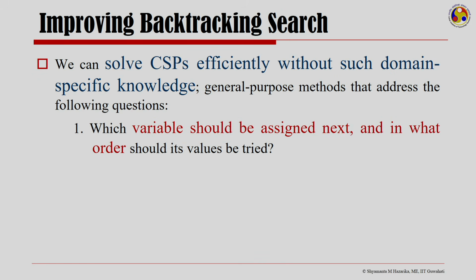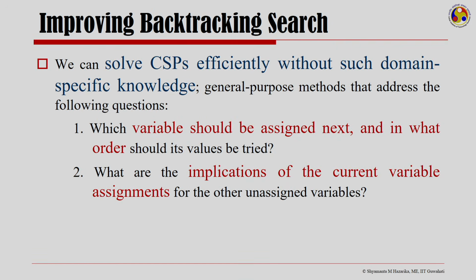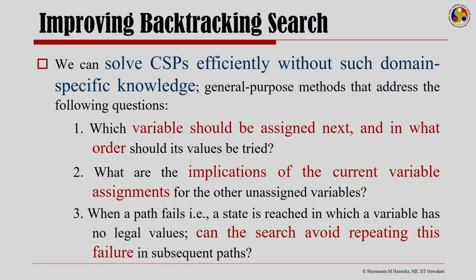A. Which variables should be assigned next, and in what order should these variables be tried? B. What are the implications of the current variable assignment for the other unassigned variables? C. When a path fails, a state is reached in which a variable has no legal values. Can the search avoid repeating this failure in the subsequent paths?